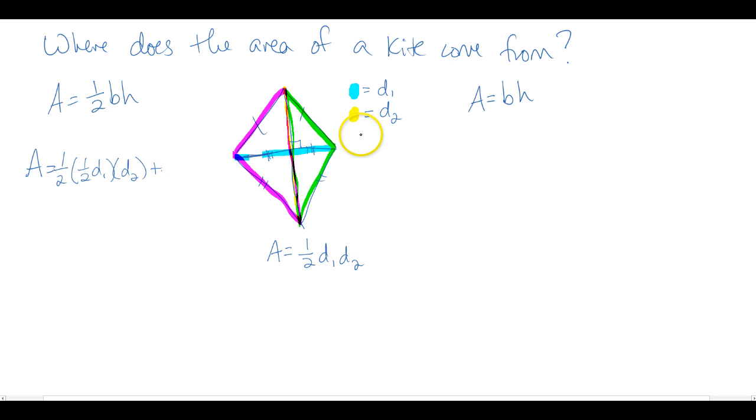I want to add to that the area of the other triangle, which will also be 1/2 times half the first diagonal times the second.